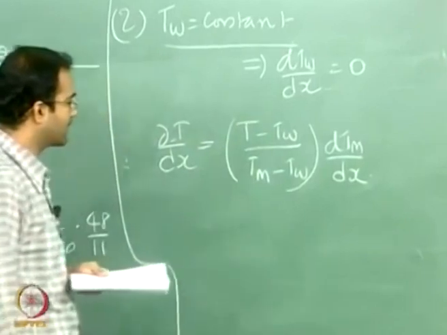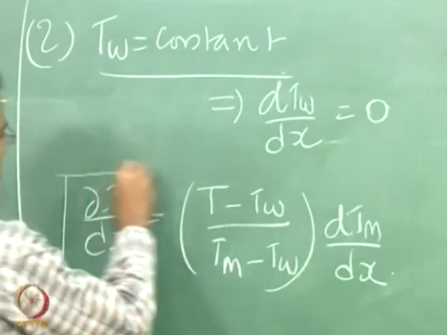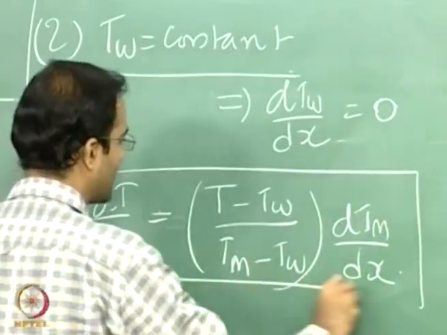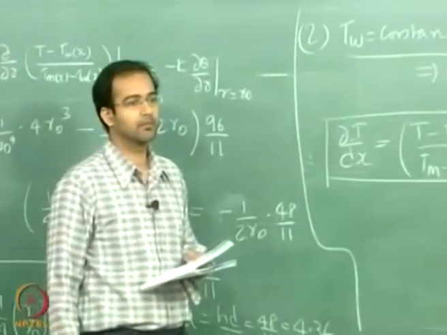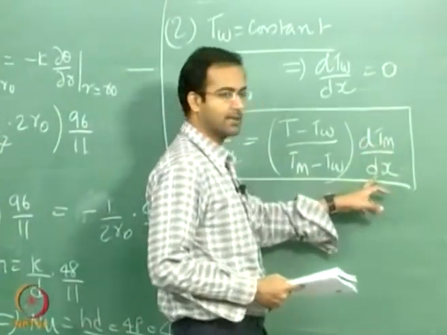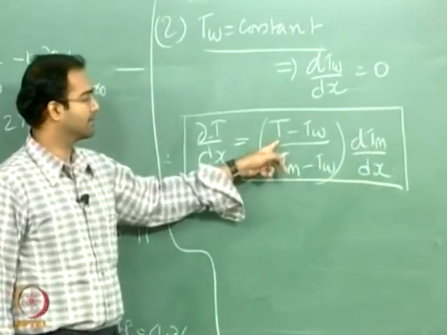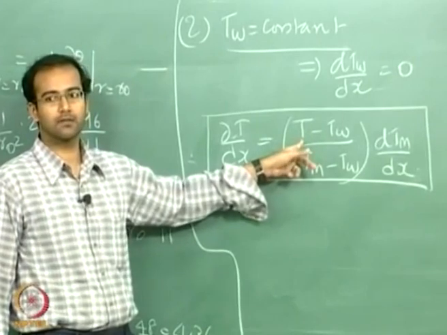Okay. So the first two terms get cancelled off, you have only this last term. So now this is your approximation for dT by dx, right. Of course your mean temperature is only a function of x, but this T here is the problem, this is a function of both x and r.